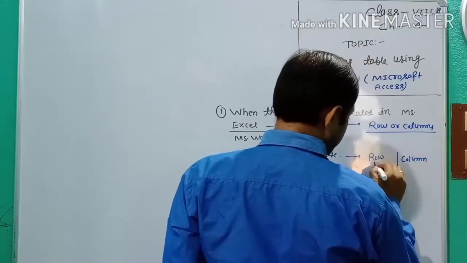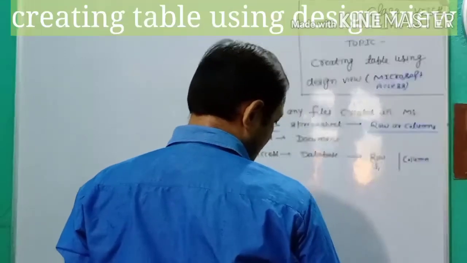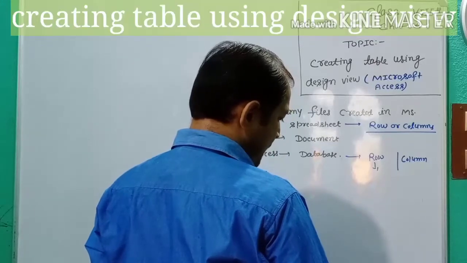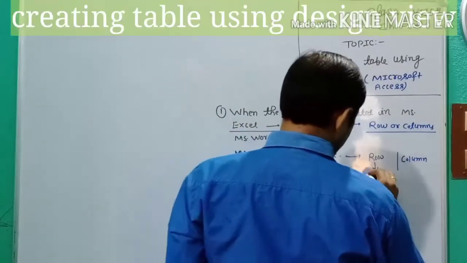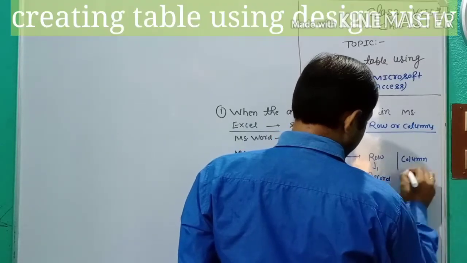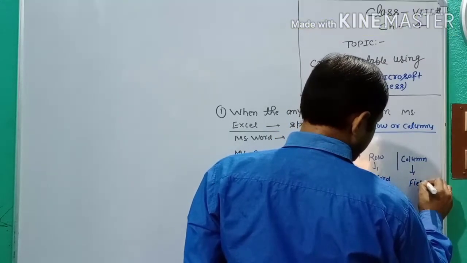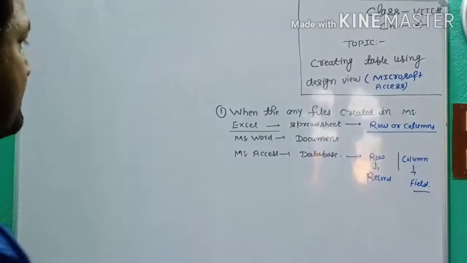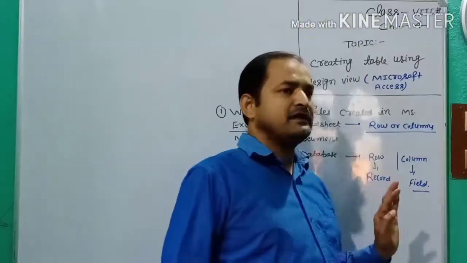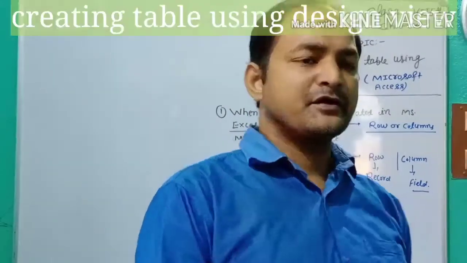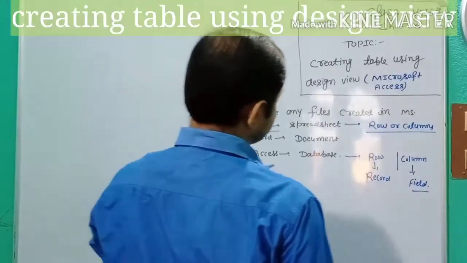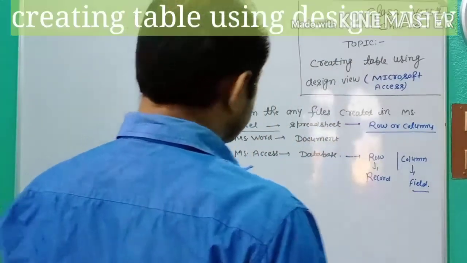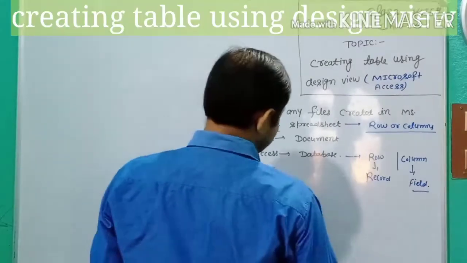The row is called a record and the column is called a field. It is the same meaning, the same position, but in Microsoft Access the row is called a record and the column is called a field. This is MS Access.